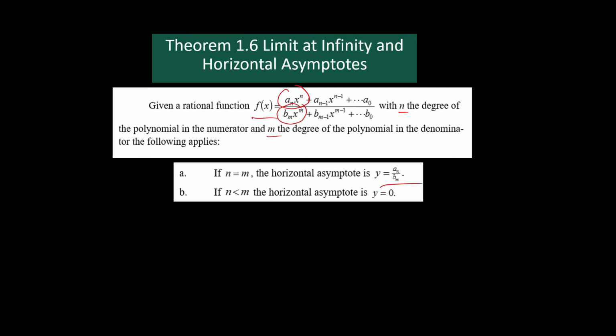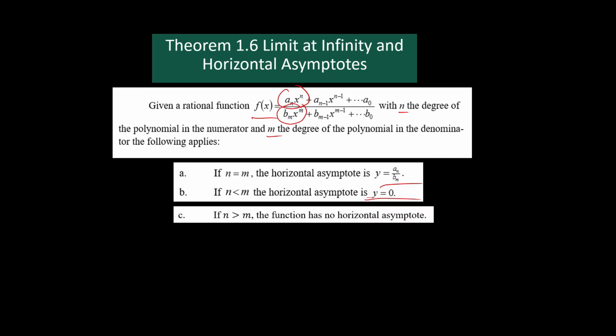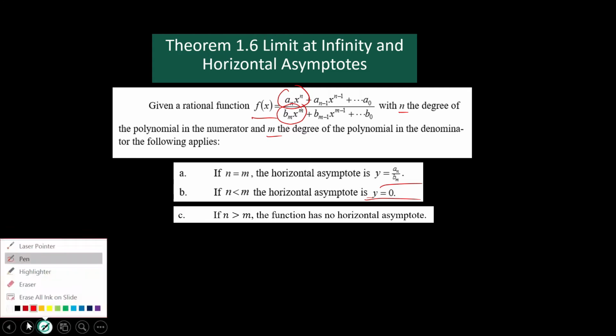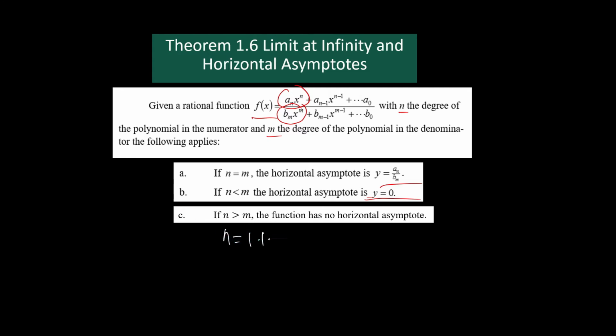If n is less than m, the horizontal asymptote is the horizontal axis. If n is greater than m, the function has no horizontal asymptote. But when n is 1 greater than m, what you have here is an oblique asymptote.